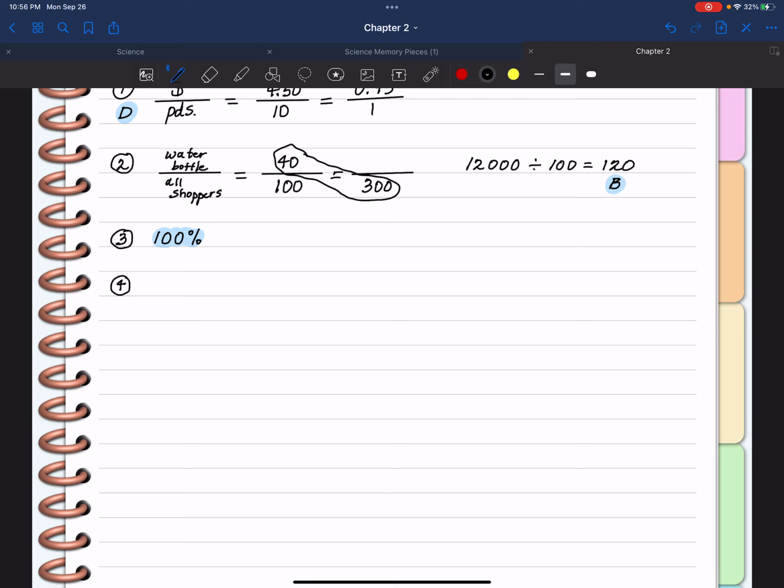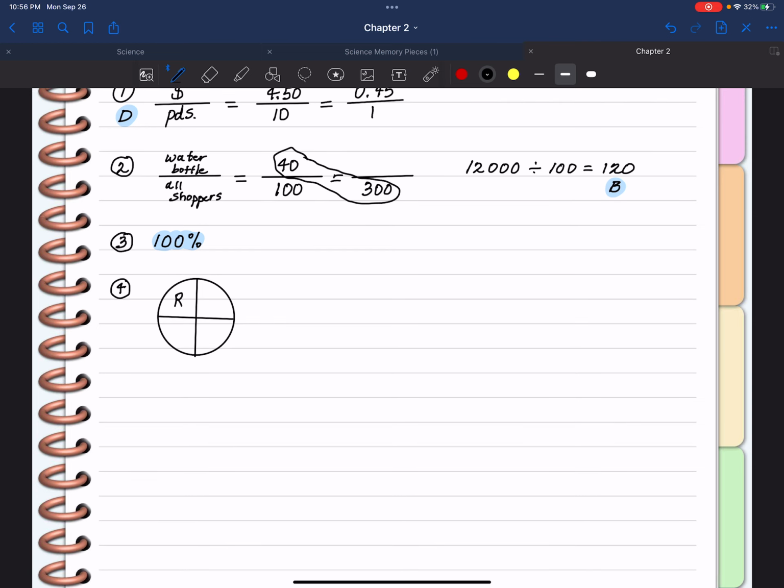A spinner has 4 equal parts. One part is red, one part is blue, one part is yellow, and one part is green. If you spin the spinner 64 times, you are likely to spin a red part blank times.